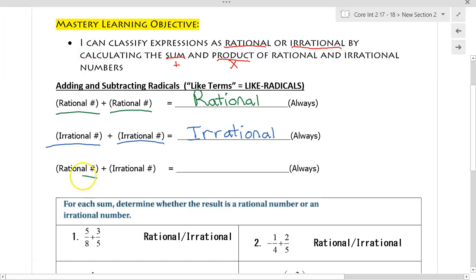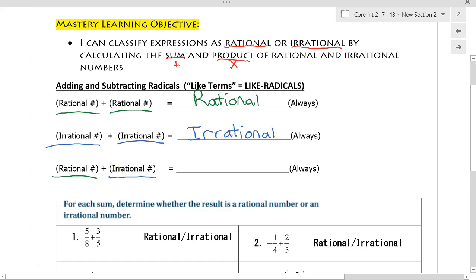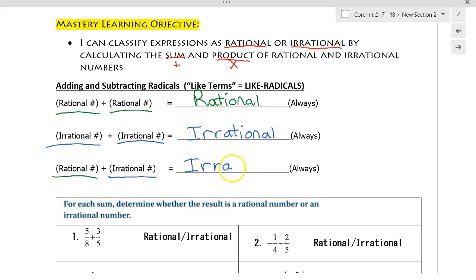If I add one rational number and one irrational number, I will always get irrational. Those are our rules. So as long as there's just one irrational number, it'll be irrational. The only time you'll get rational is when they're both rational.